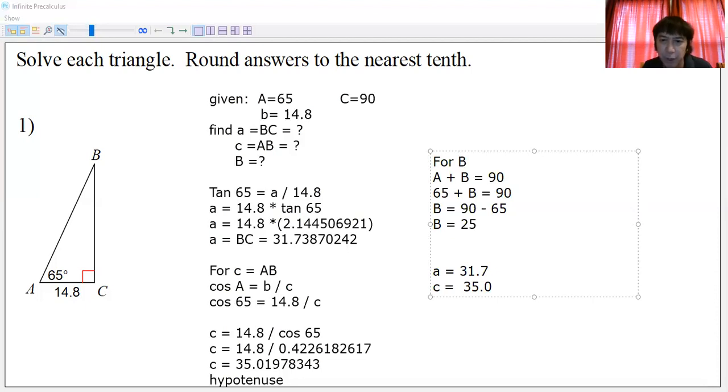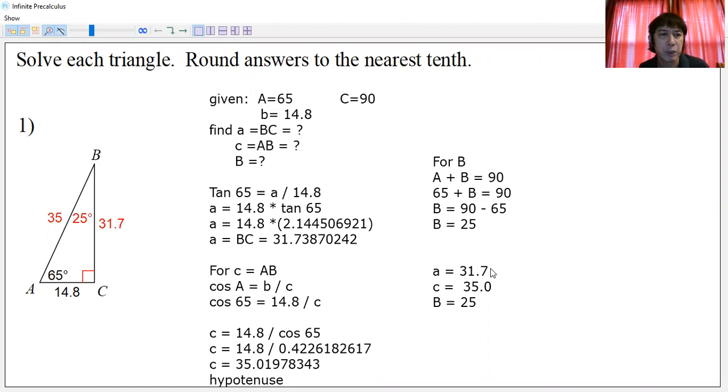And of course, our angle B is 25 degrees exactly. We shall be able to verify the answer there. In the diagram, you can see the red numbers, and those are the correct answers. And we got them all correct here.